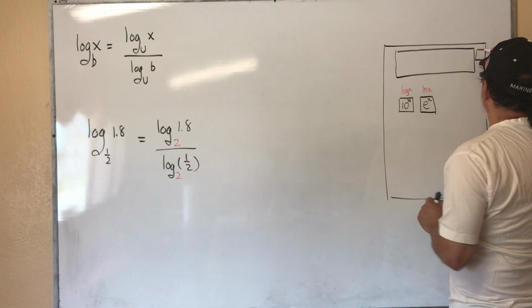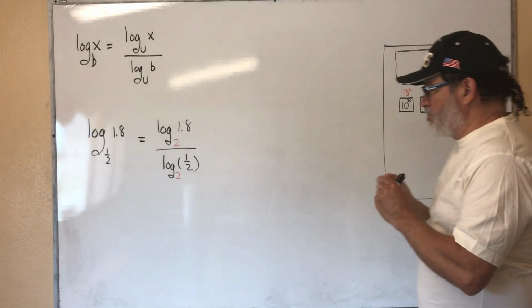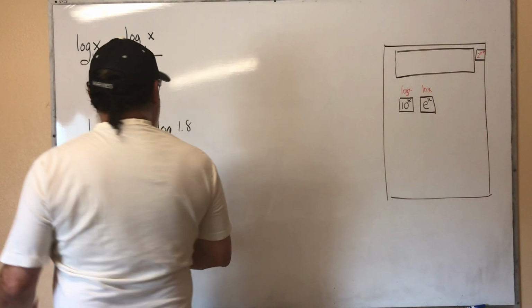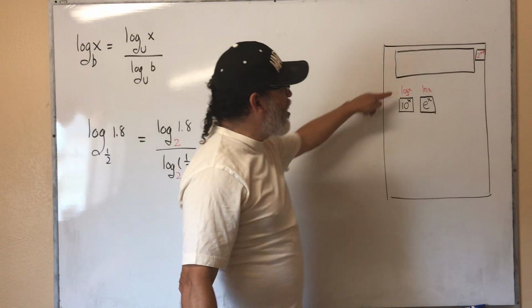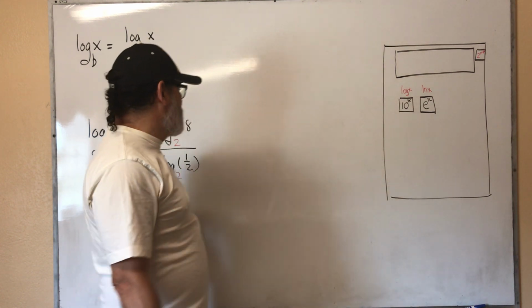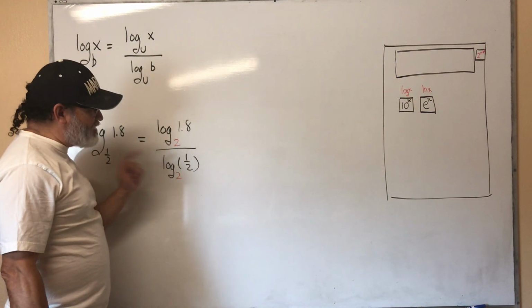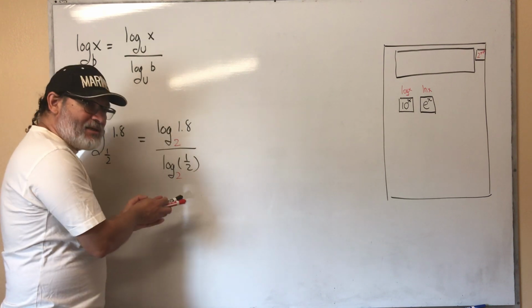And to get those, you better press second. Okay? And most calculators only have either log base 10 or log base e. Nothing else. So that's why this base is not convenient. No, this is not wrong. This is right.